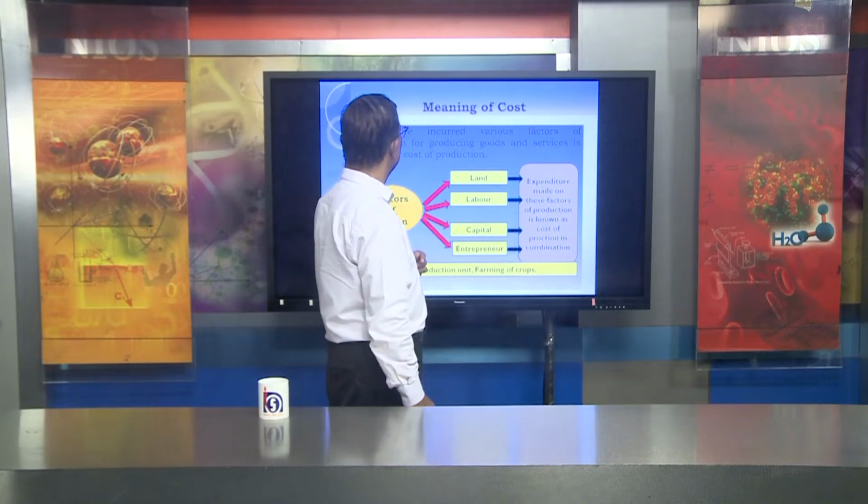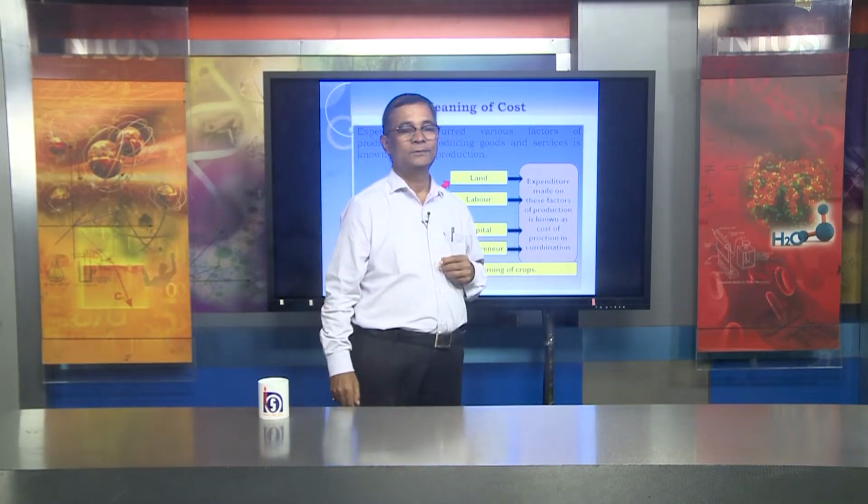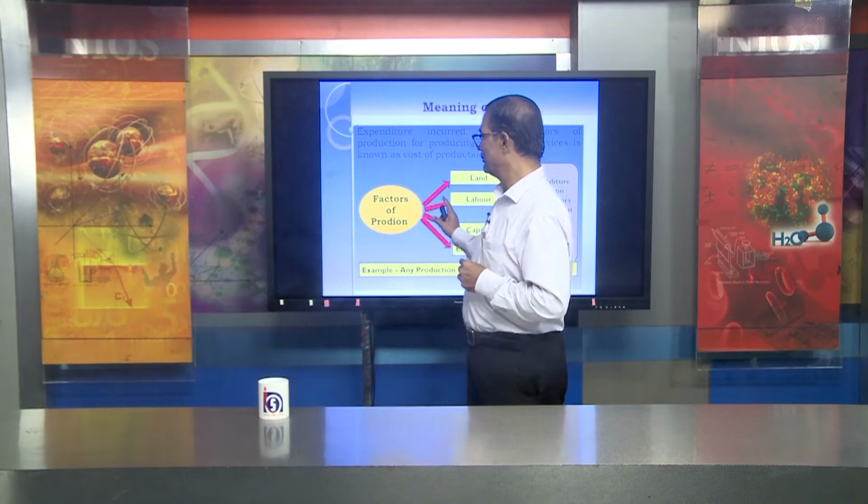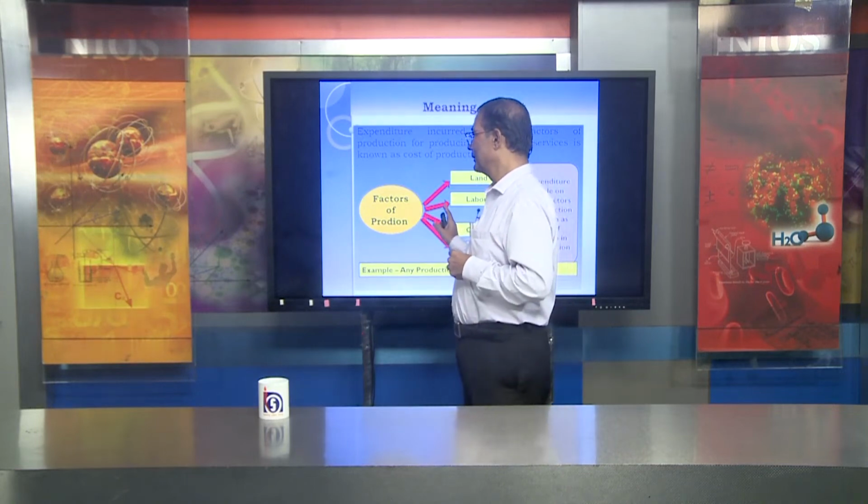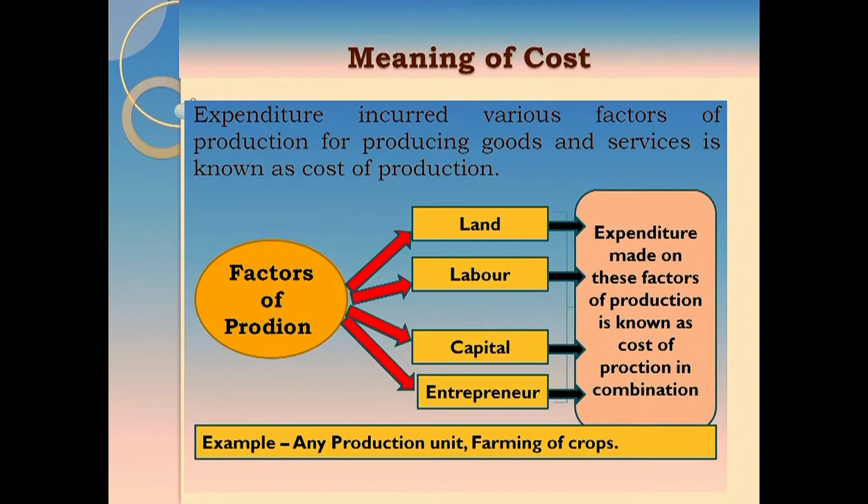First of all, we have to understand the meaning of cost. In the introductory part of the topic, we discuss the factors of production. What are the various factors of production?